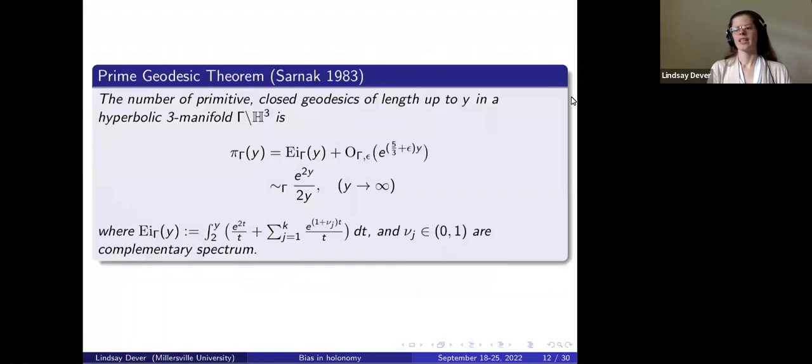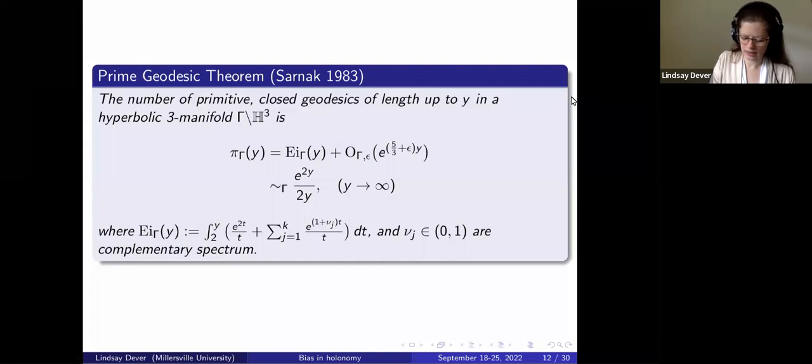Okay, so the prime geodesic theorem gives us an asymptotic count of the number of closed geodesics up to length y. And this version with the explicit error term was proven by Sarnak in 1983. And it says the number of geodesics up to length y in our hyperbolic manifold is equal to an exponential integral plus an error term of about e to the 5y over 3.